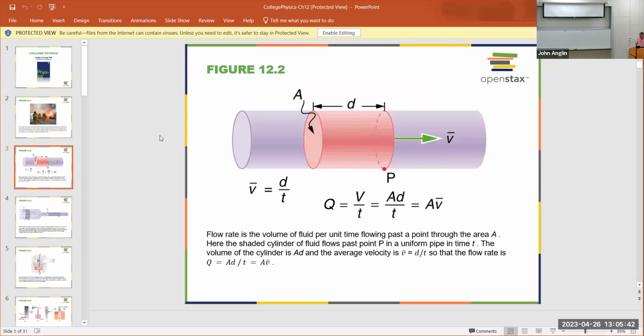So one of the things that we need to talk about in terms of fluid dynamics is something called flow rate. Anytime you hear the word rate in physics, you're talking about generally some quantity per unit time.